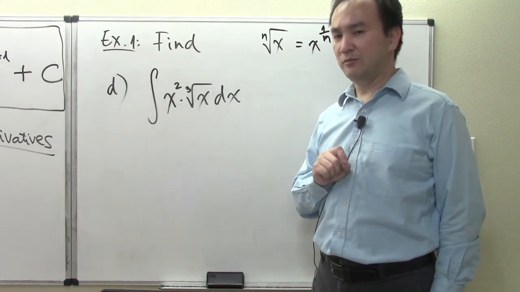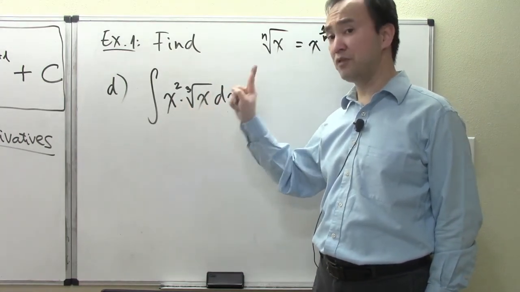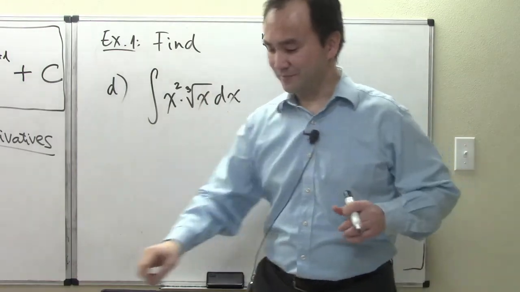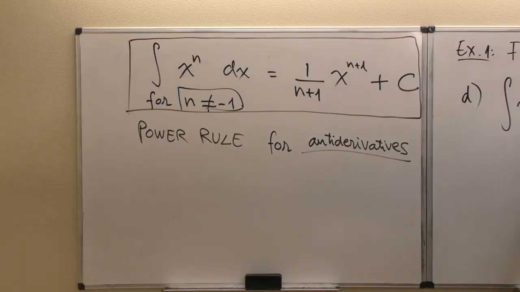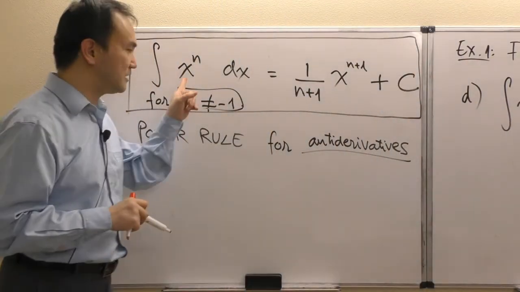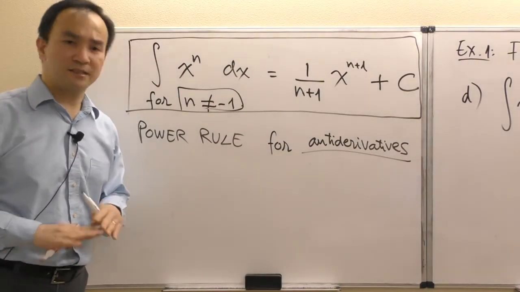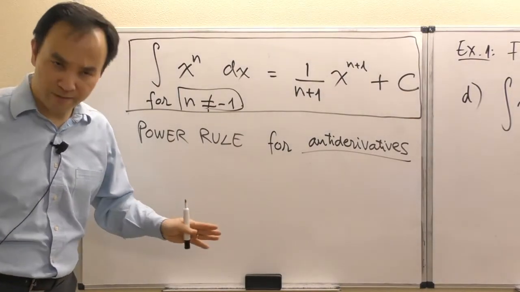I also need to be clear. I pointed out that there's a product here, so it's time to tell you that the only rule we have learned so far is the power rule. And if you see me teaching a face-to-face class, I would say this exact same thing.